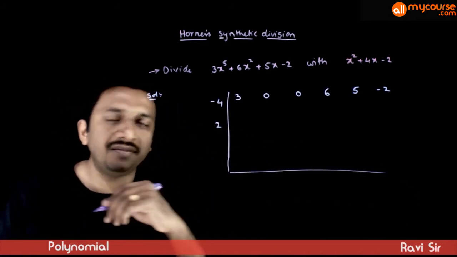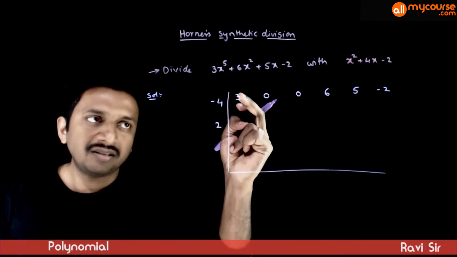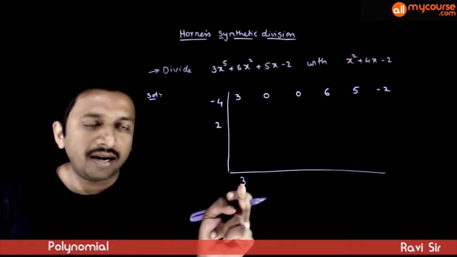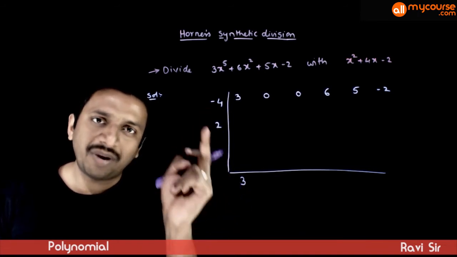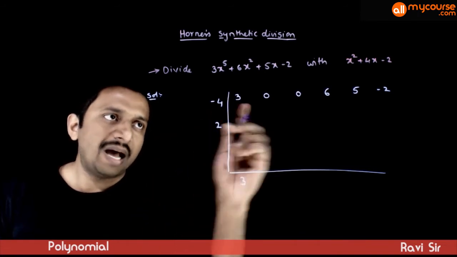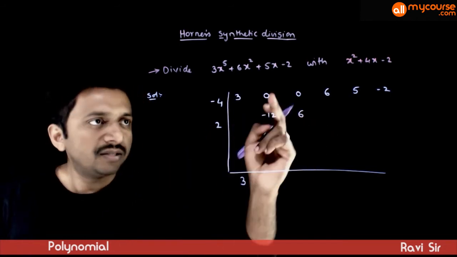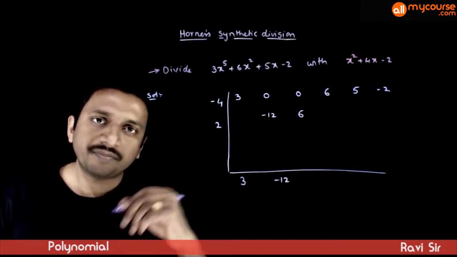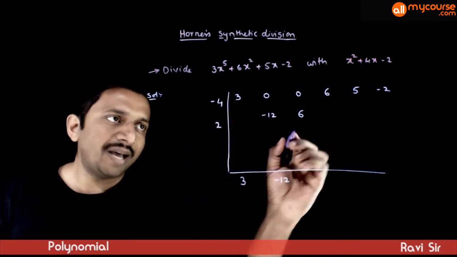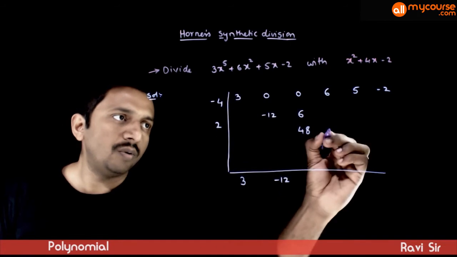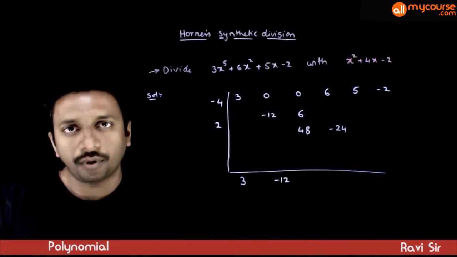So let us start our division. First, just bring this 3 down, and now use this 3 as a multiplying factor for these two numbers. 3 2s are 6. So 0 minus 12 is minus 12. And minus 12 into minus 4 is 48. Minus 12 into 2 is minus 24.